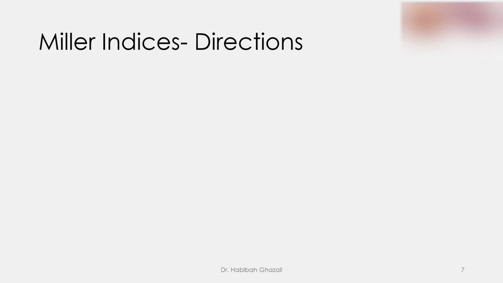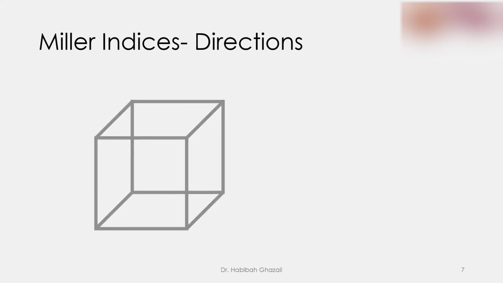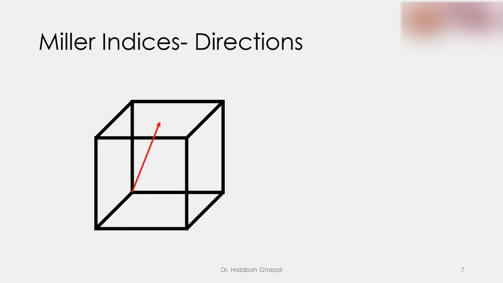A direction in a unit cell is a line between 2 points, and it is a vector. So let's say I have this unit cell here, and it is a cubic unit cell, and they all have the same lattice constant. And now I'm interested in this direction.